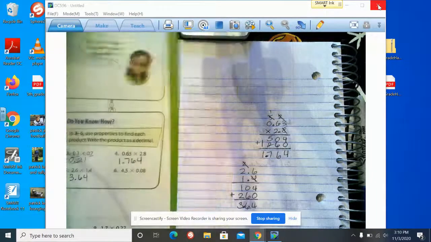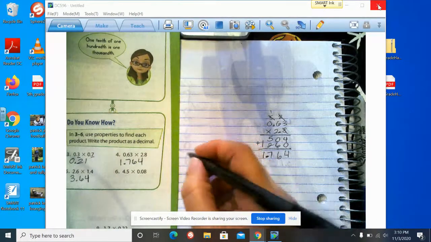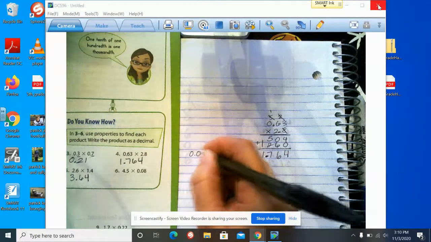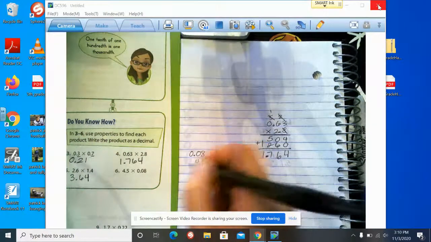And number 6. I'm going to actually put 0.08 up top just because it has 3 digits and the other one only has 2. So that times 4.5.